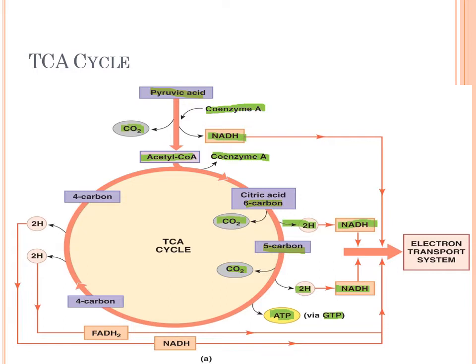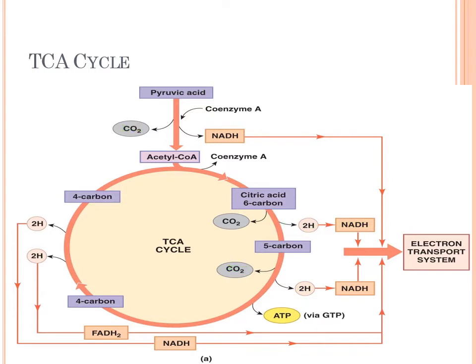So now we're down to a 4-carbon molecule, and some additional processing goes on and releases 4 additional hydrogen. 2 of them become FADH2, and 2 of them go and generate NADH. So the entire citric acid cycle per pyruvate creates, let me just delete all this so you can follow along with me.